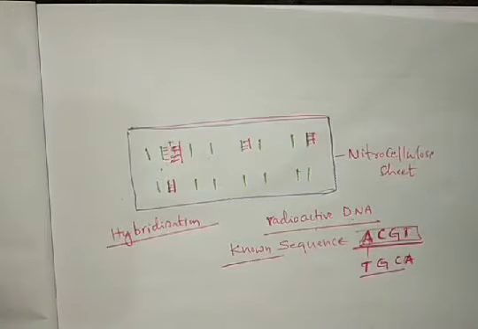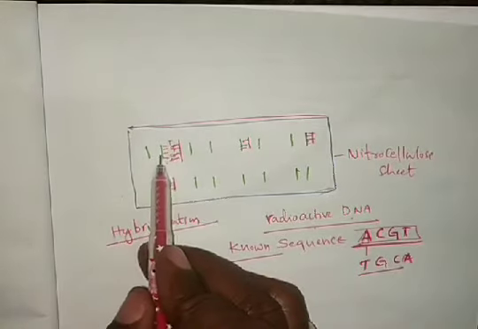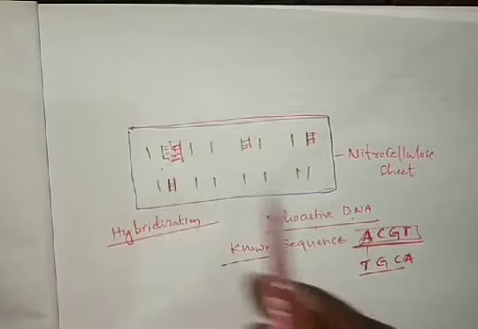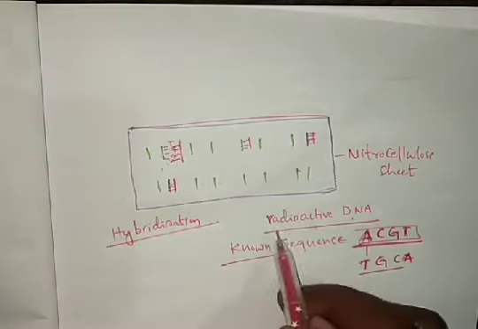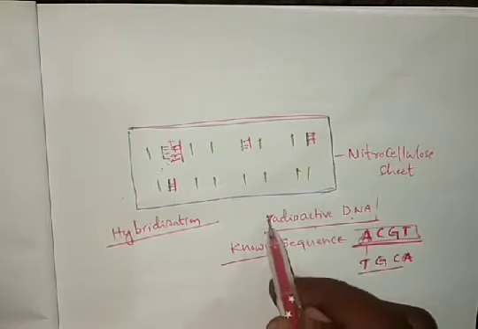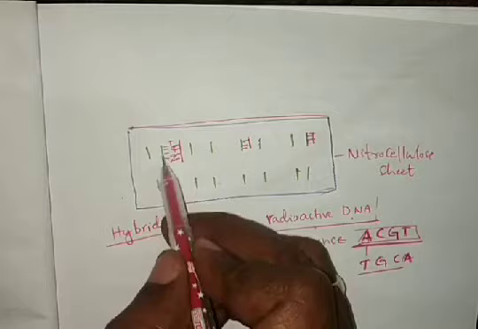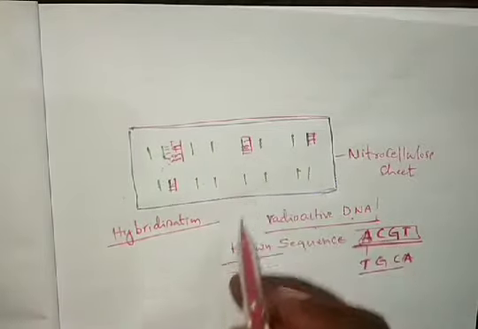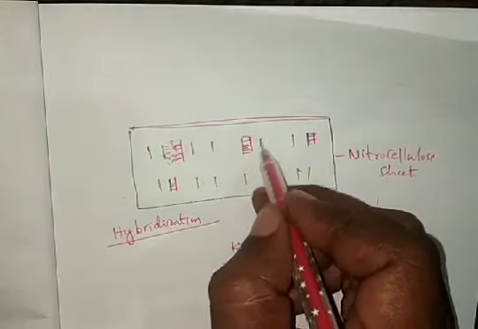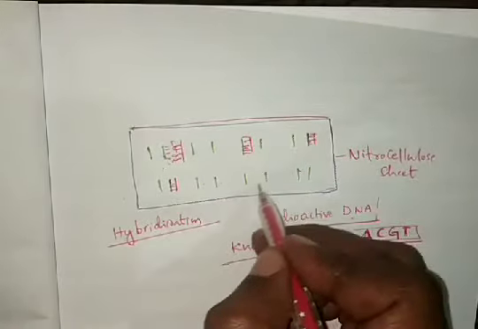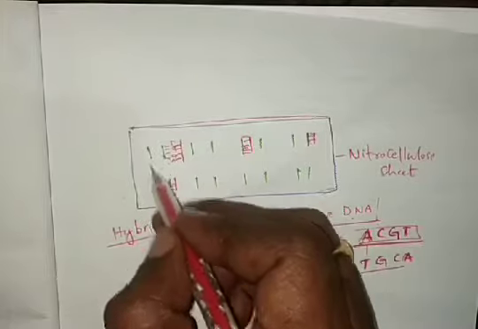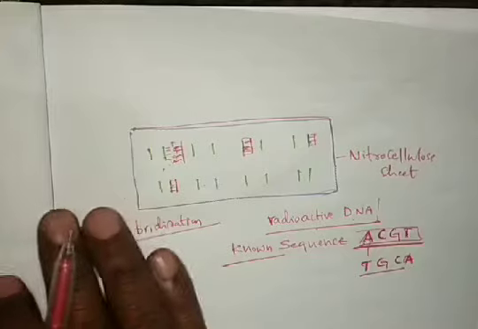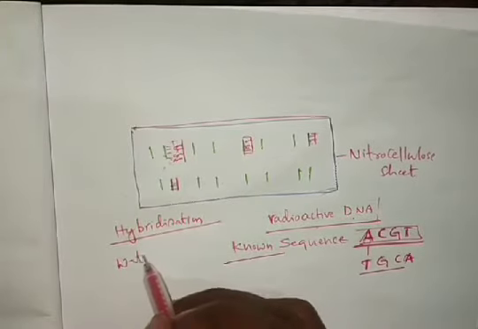So when the VNTR sequences of this DNA, already attached to the nylon sheet, hybridize with the radioactive DNA, we get hybridization. Now the unhybridized DNA segments that are present here are washed off using water.